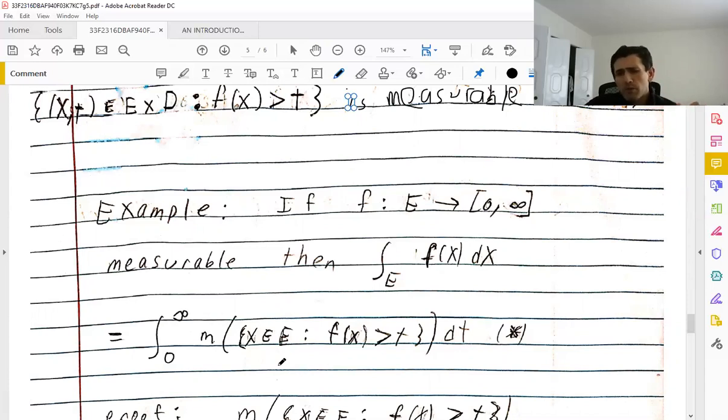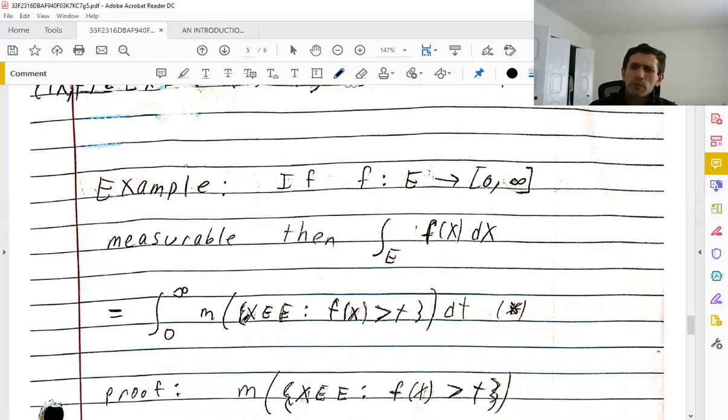And of course, in probability theory, this critter here would be your cumulative distribution function. So in that sense, you have the expected value of a random variable as the integral of its CDF, which is useful. Again, if you have information about the CDF, then you know information about the expectation.